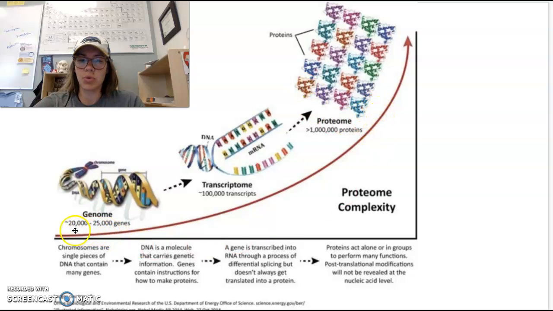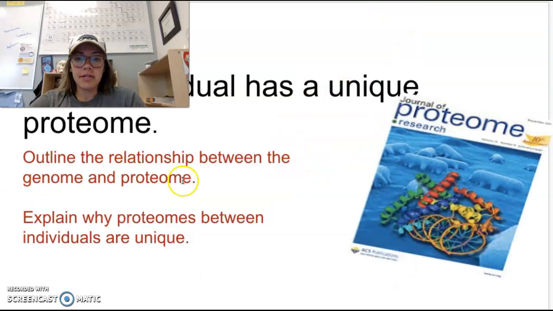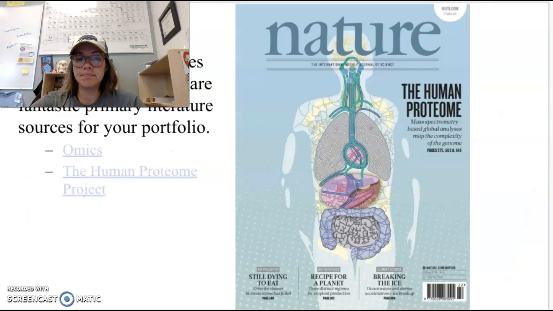So we go from about 20 to 25,000 genes to about 100,000 different types of transcripts to about 1 million different proteins. That's pretty crazy. So every individual has a unique proteome. What's the relationship between the genome and proteome, and why are proteomes between individuals unique? Again, if you're having trouble distinguishing that in your mind, I would recommend looking at these links here.